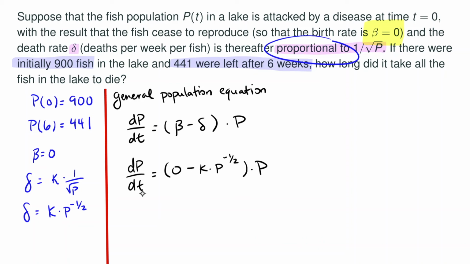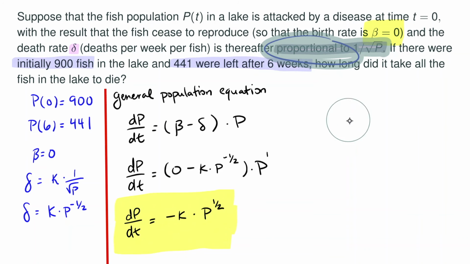Now as we simplify this, we would get dp dt equals negative k times p to the 1/2. Same base, so you can add the exponents. There's an implied 1 here. Negative 1/2 plus 1 is a positive 1/2.